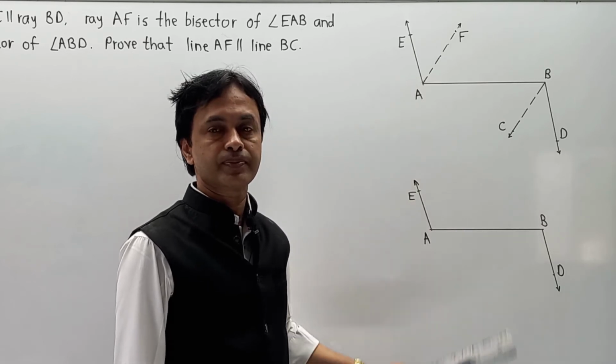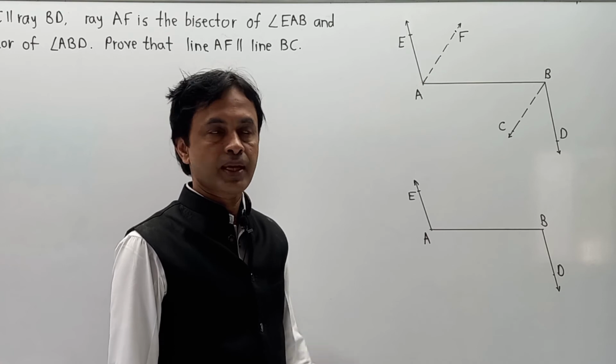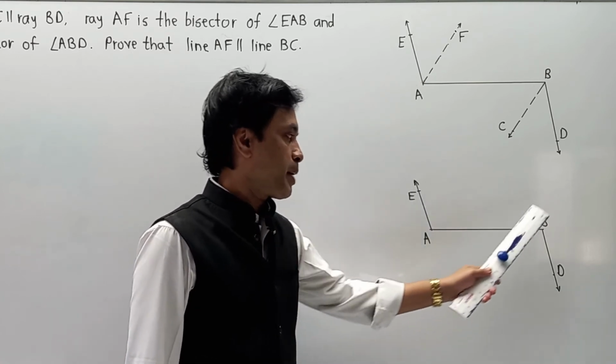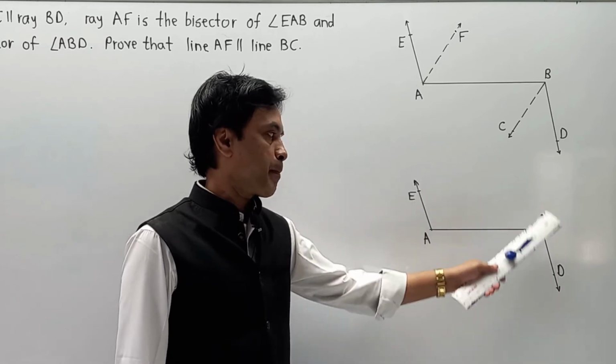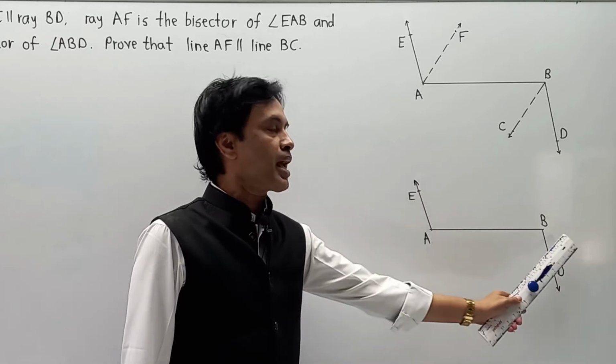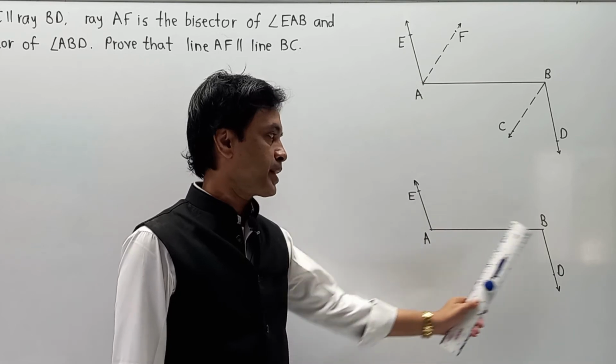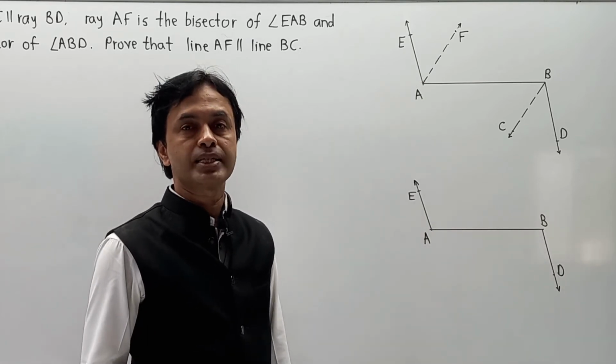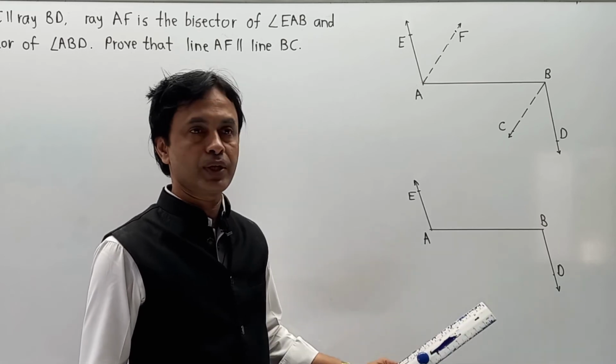Here we can see that if AE is parallel to BD, then AB acts as a transversal. Now I am changing some of the nomenclature given in the textbook.